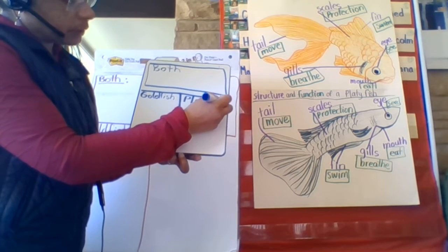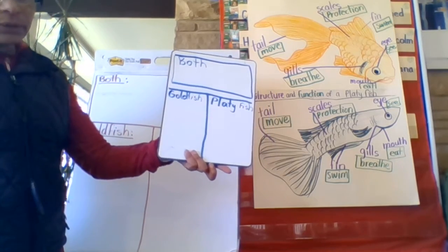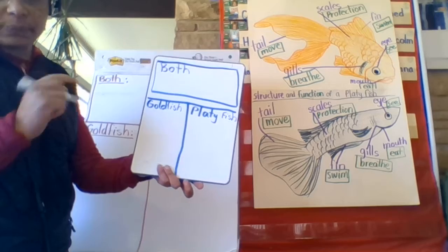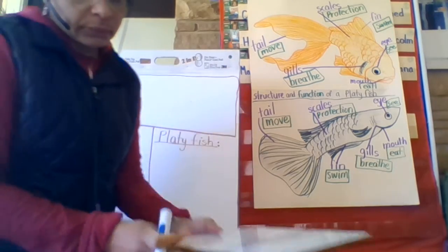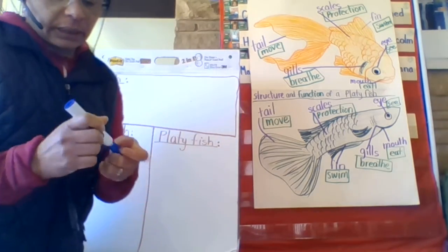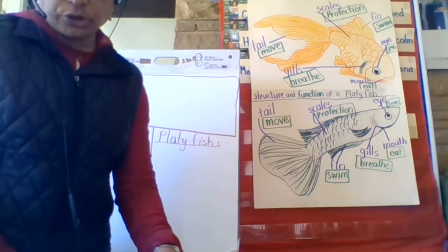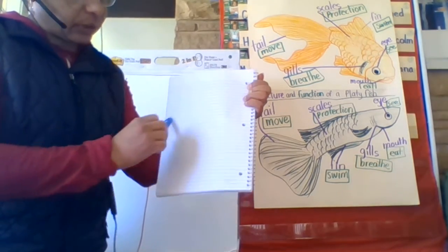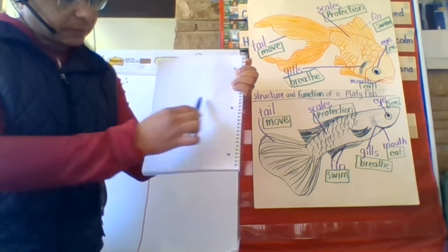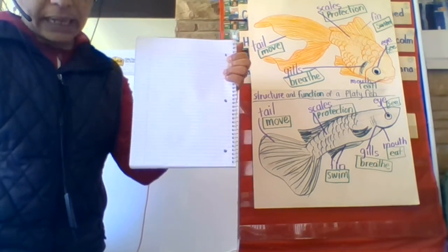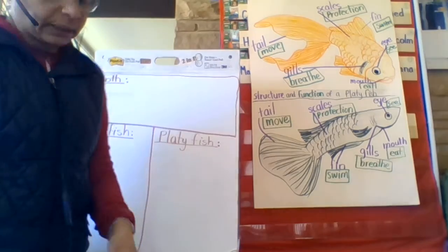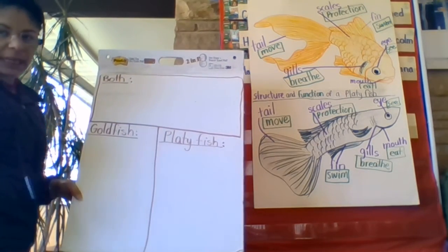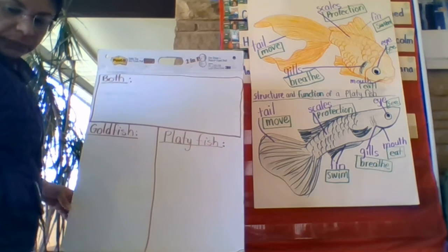Platyfish. Okay? And now your chart is ready, so you could start making this comparison with me. If you're using a piece of paper or your journal, then you could do the same thing. A rectangle at the top for your box, the uppercase T at the bottom, and then proceed to do your writing just like I have on my board.